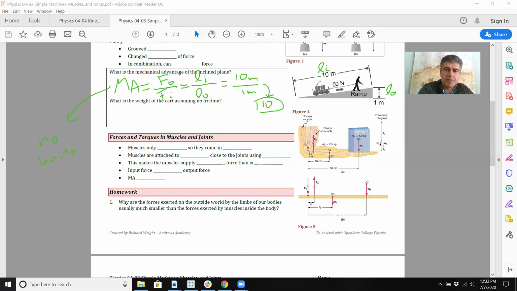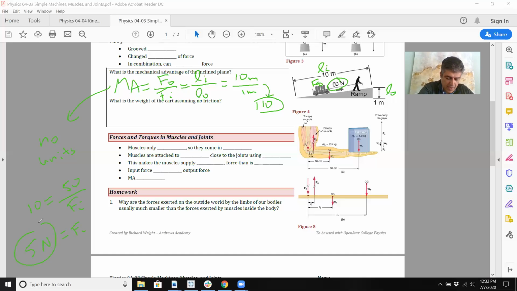So what this tells me is that if my output force is 50 newtons, because I'm trying to move 50 newtons, the input force doesn't have to be that much. In fact, you only need 5 newtons to pull on it.